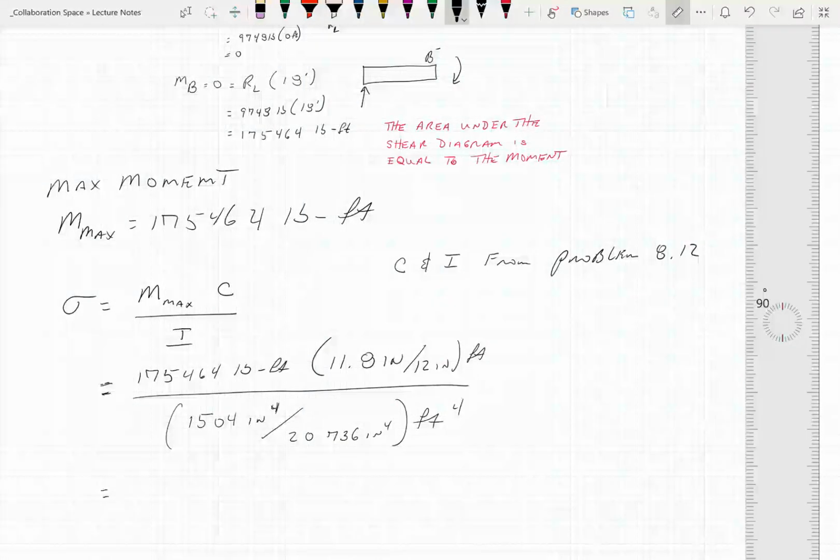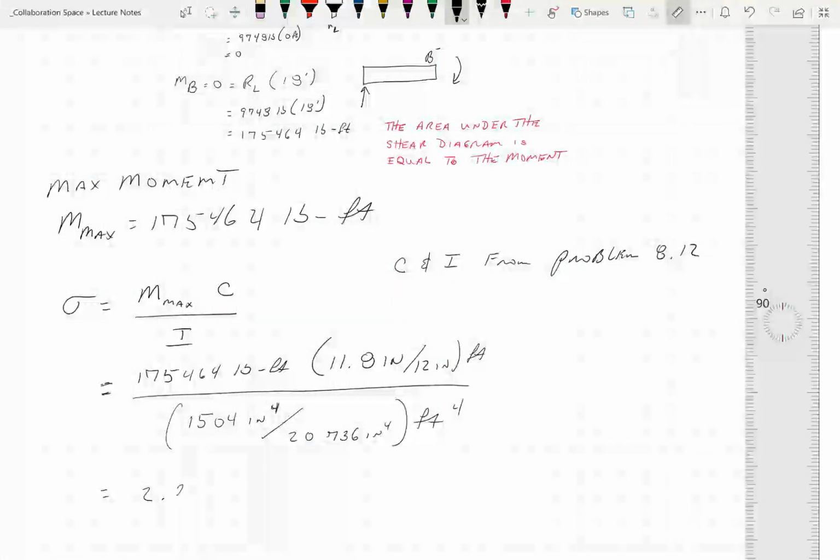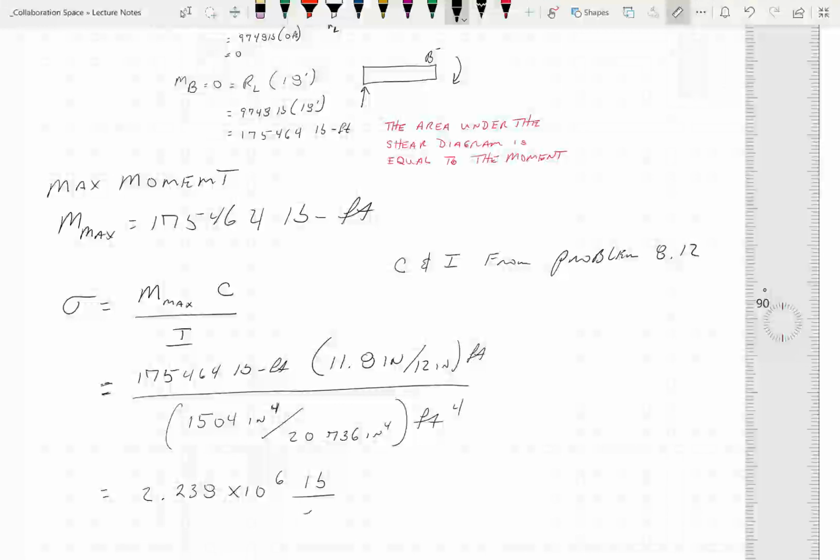Okay, do some rounding there and give it to me in 2.23. Okay.